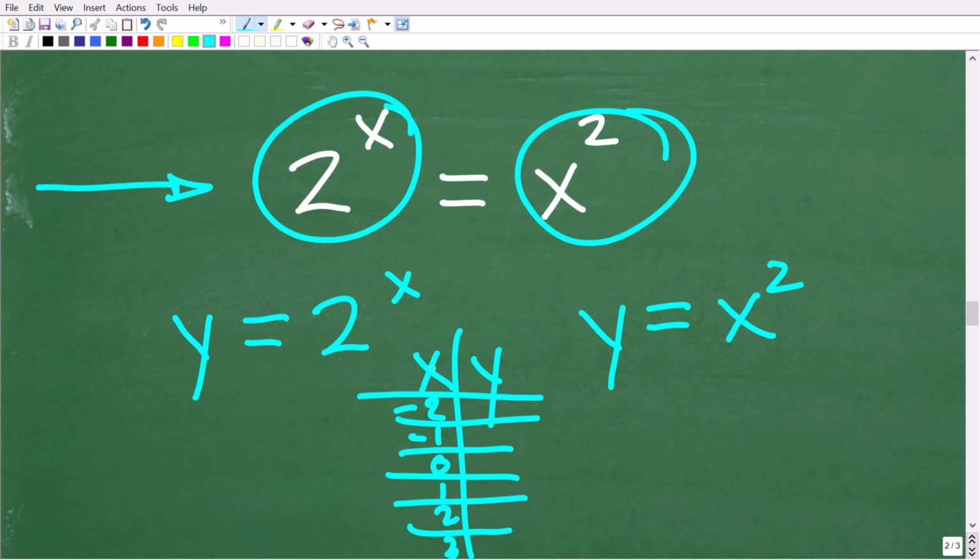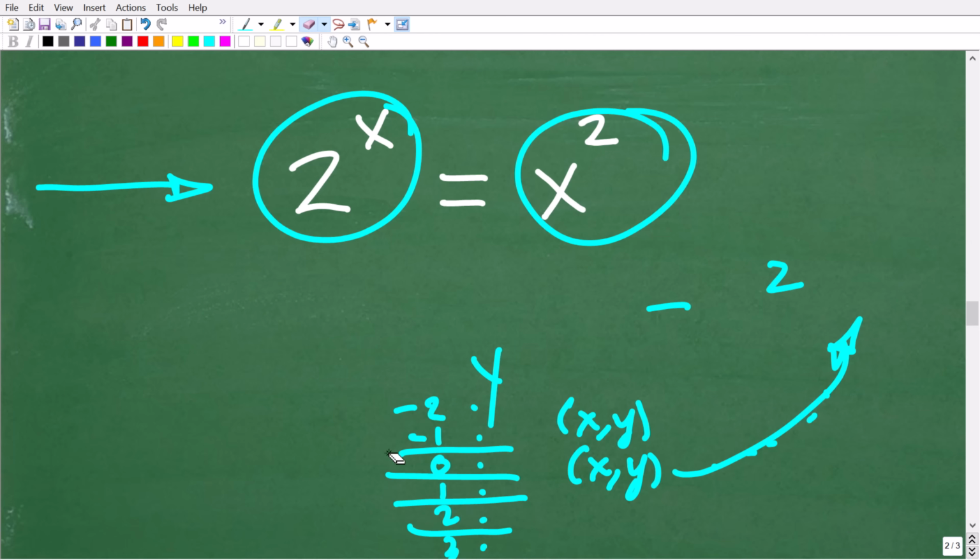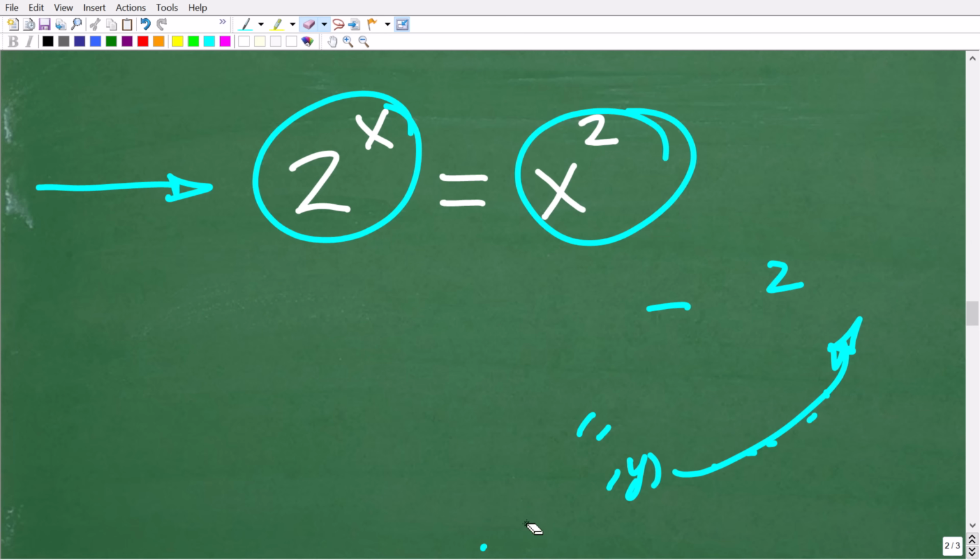We could plug in these values for x into this equation, and then once we do this math, we'll have our y values, and then these are all x, y points that we can plot on the xy coordinate plane, and then of course we can connect the dots and get the graph. So anytime you want to construct a graph of anything, you can always use a table of values. Okay, now that's one way you can do it, or you can use a graphing calculator or computer. But the main idea here is that we need to get the graph of both of these independent functions.